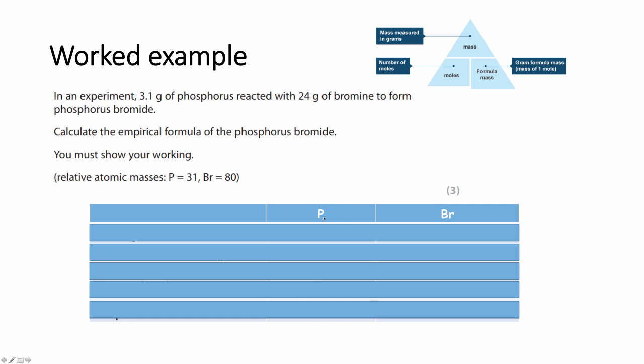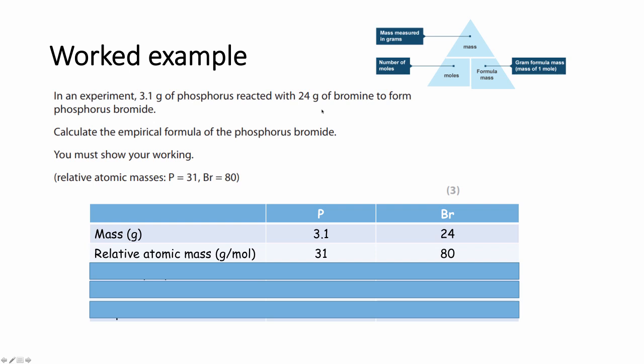So I want to compare the amount of phosphorus that reacted with bromine. The first thing I'm going to start with are the masses I have here. So I put in my masses of 3.1 and 24 as given to me by the question. And then I want to work out the amount. So I take the relative atomic mass of each and put that as they were given to me in the question. And then by dividing the mass by the formula mass, I can actually work out the amount.